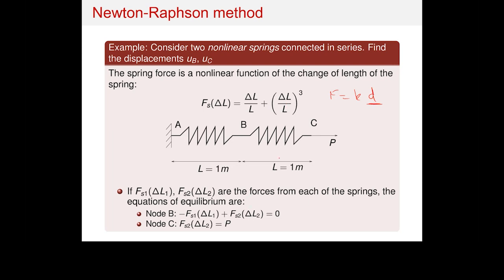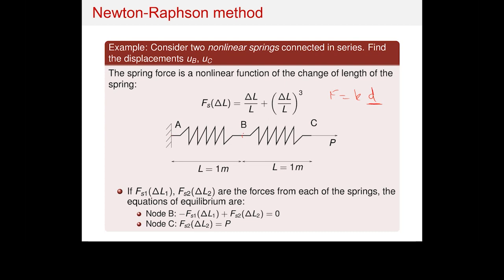And you use the equilibrium equations. You can write the stiffness matrix eventually if you want to. So at the node B, I'm not going to write the equation for node A because at node A you have 0 displacement and you cancel the row and the column.